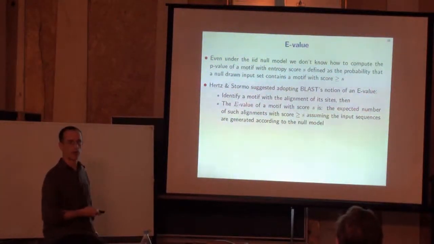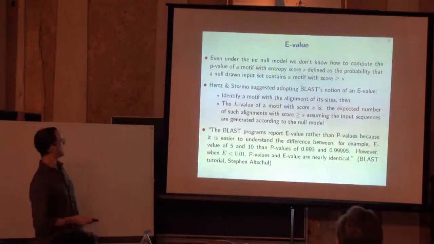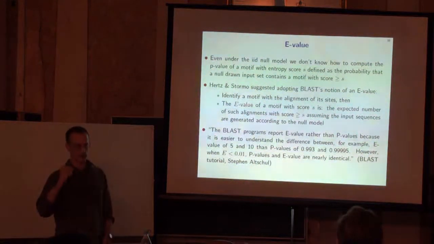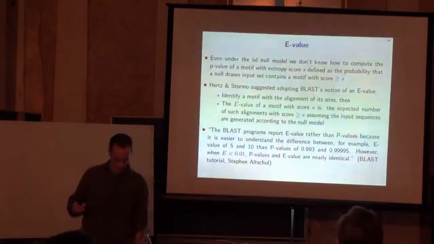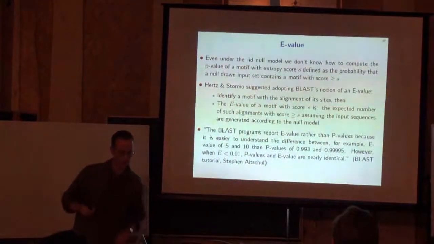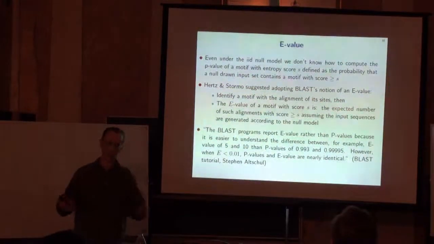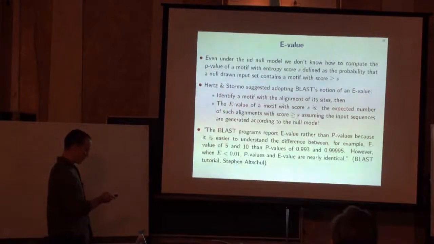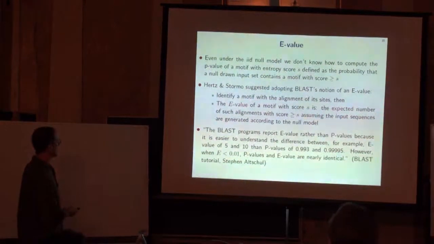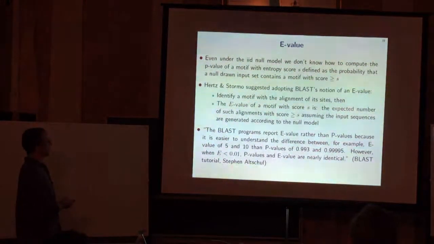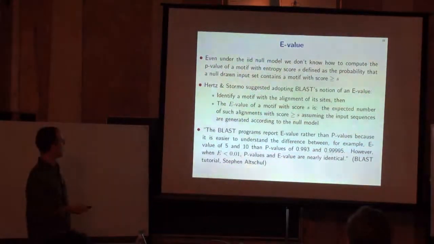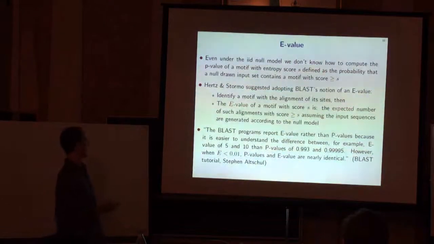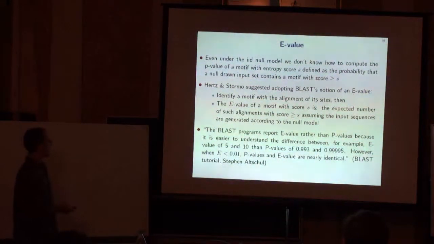They're reliable, they're tested. And the reason that BLAST reports e-values rather than p-values is not because they don't know how to compute the p-values. They do. The reason is in this quote I've taken from Stephen Altschul, that e-values of 5 and 10 are more understandable than the corresponding p-values, which are not particularly illuminating.